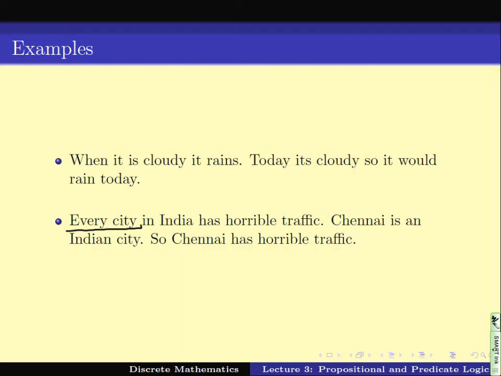On the other hand, in the second example, there is this statement every city. Now I have not told what city or which city and so on. So this statement every city in India has horrible traffic is a statement where the city is a variable. And this term every city is used to quantify the variable.